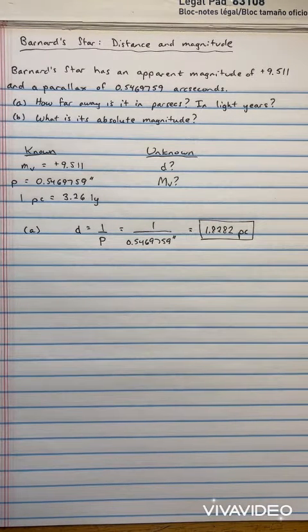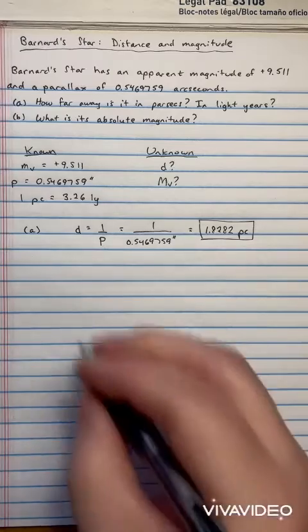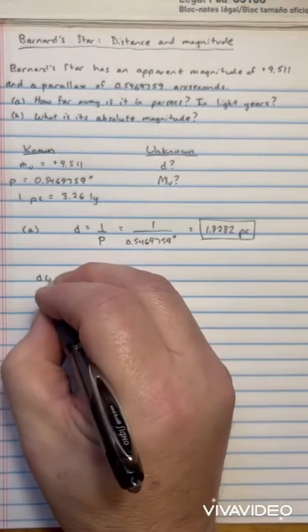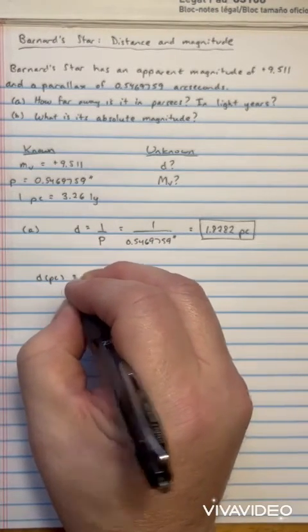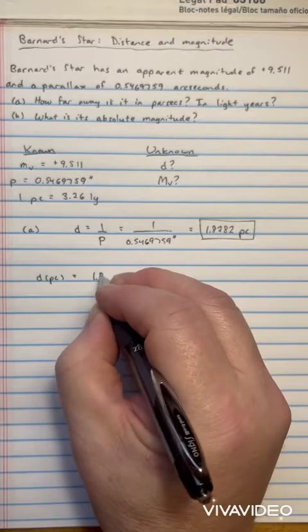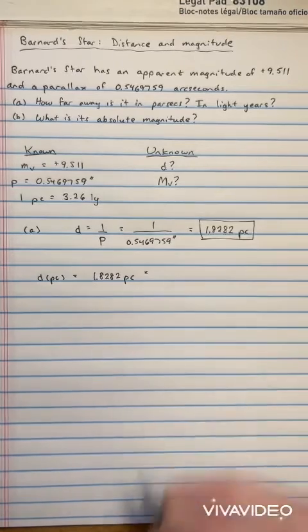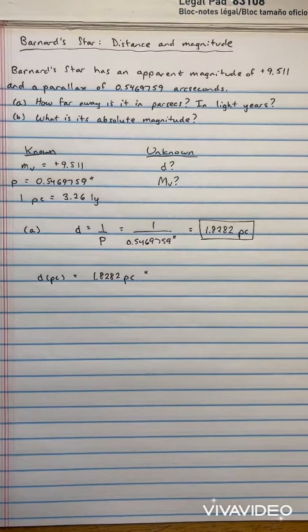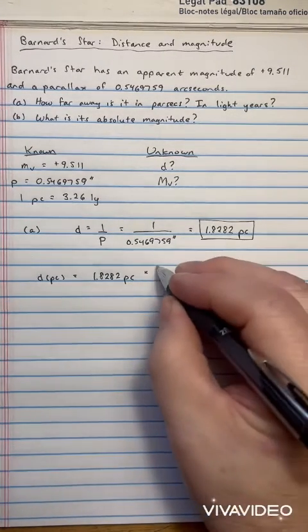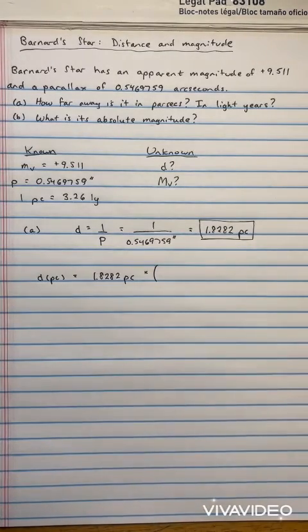That seems decently simple. All right, how about the distance in light years? Well, this is a unit conversion idea. So let me write this. Distance is 1.8282 parsecs. Now, there's a couple of ways to set it up. I like to do it this way. I like to take my unit conversion and write it in a fashion that makes it easy to see what we're doing.